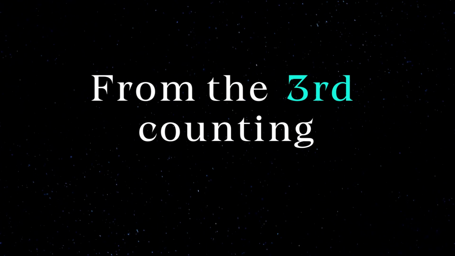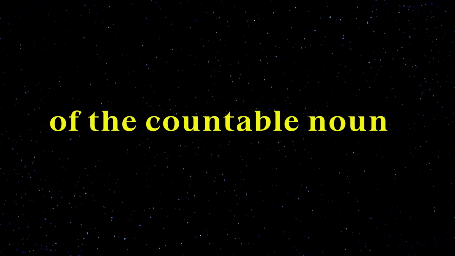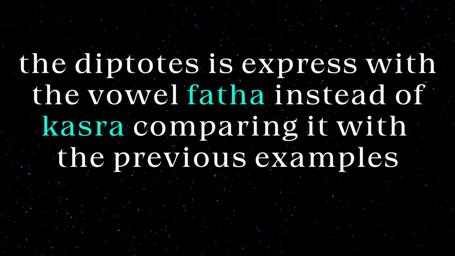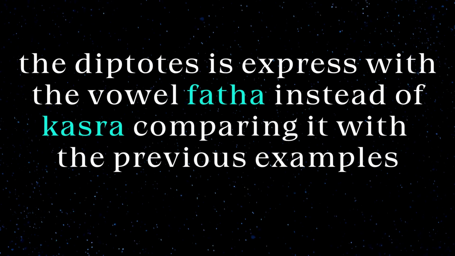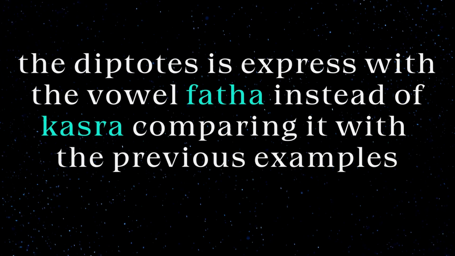As you can see, when we reach the third numbering of the countable noun here, the diptotes at the end of the word accept fatha instead of kasra, as in the case of the two previous examples.